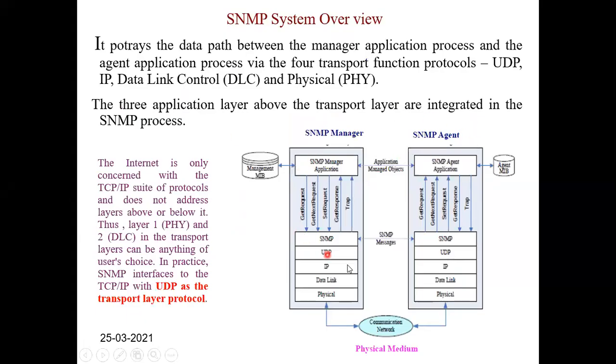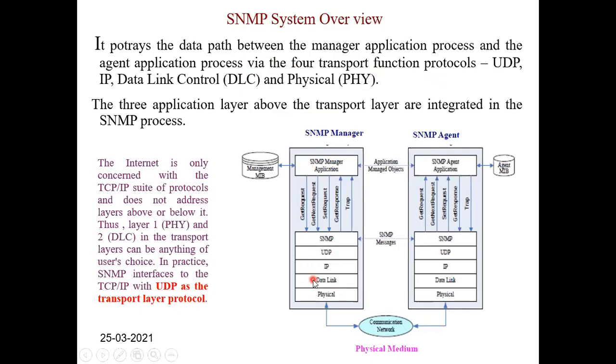So what is this architecture explaining? It portrays the data path between the manager application process and the agent application process via 4 transport protocols. Those transport protocols are UDP, IP, data link, that is DLC, and the physical layer protocol. These are not the OSI layers.